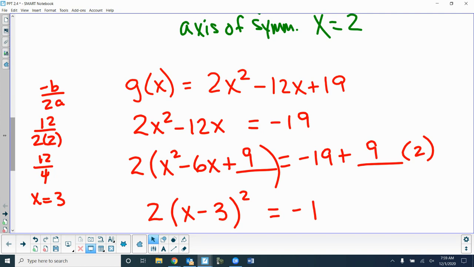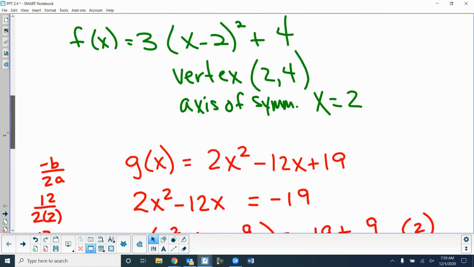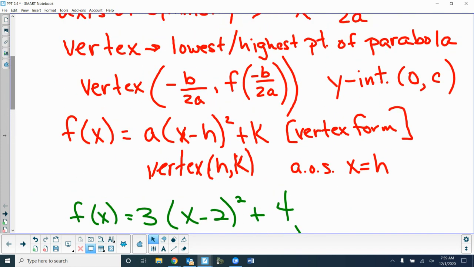Negative 12 times 3 is negative 36. So I've got 18 minus 36, which is negative 18, plus 19 would give me a 1, which would give me the y value. The y value of the vertex. So we would get 3, 1 here.